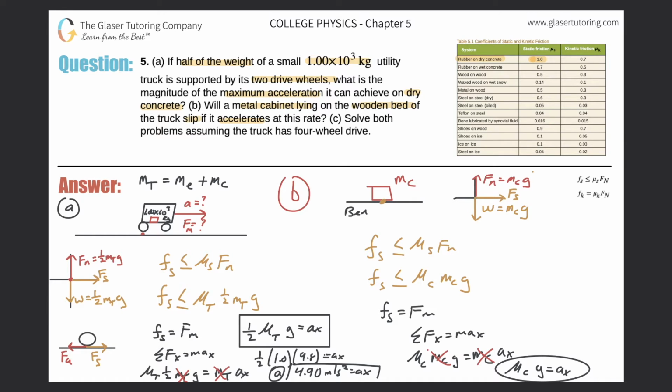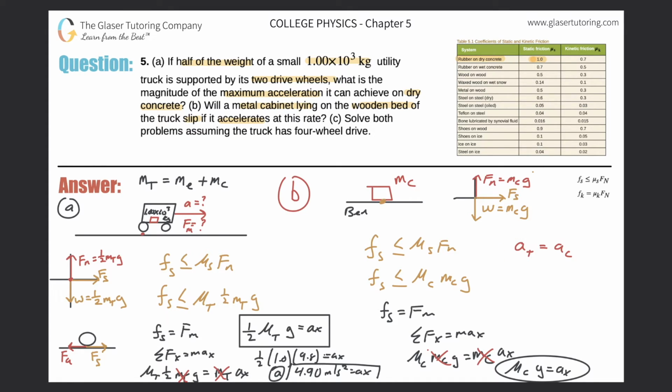Now it's asking us, will it slip? So what I want to see is what happens when the accelerations are the same, because if it doesn't slip, then the accelerations will be the same. So the acceleration of the truck must equal the acceleration of the cabinet. What formula did we come up with for the truck before?